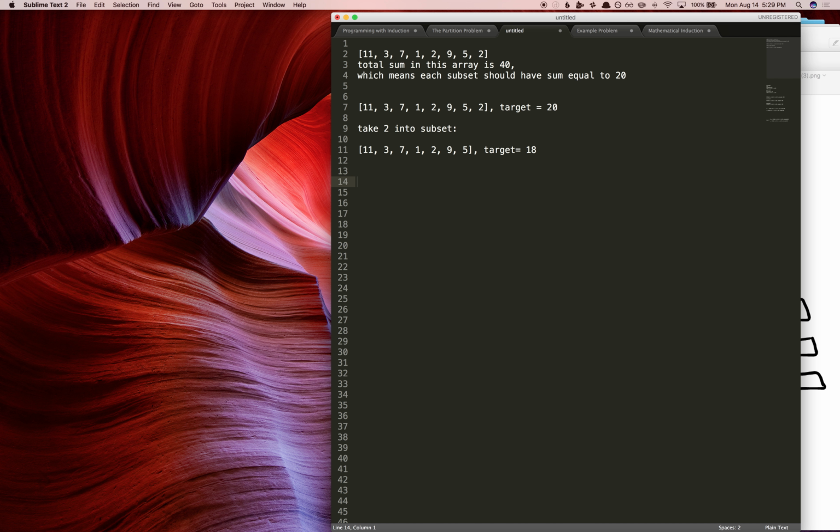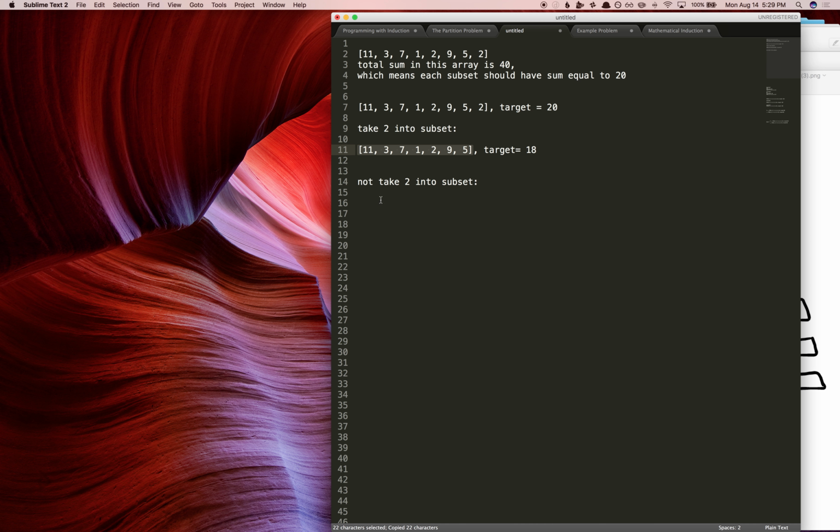I don't know if taking 2 is the right answer. So I have to try out what happens if I don't take the 2 in my subset. So if I do not take 2 into the subset, what happens? I'm still left with this same problem here.